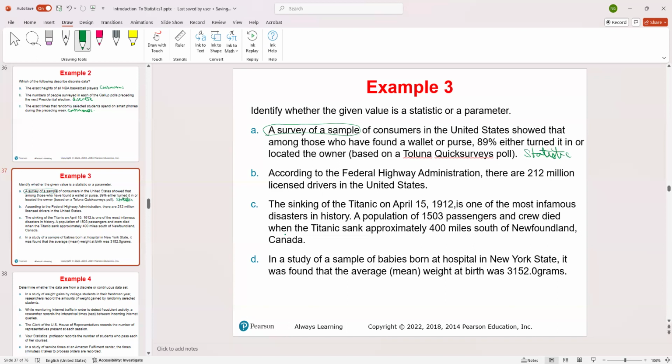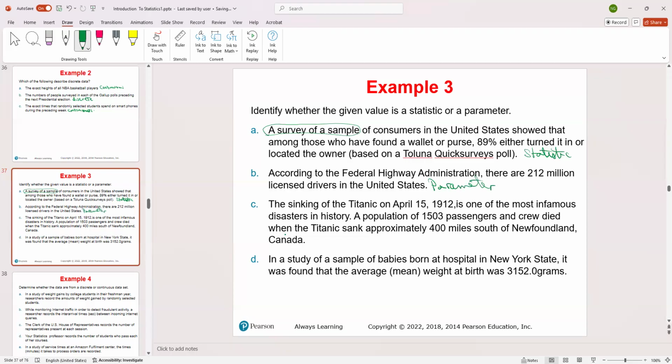According to the Federal Highway Administration, there are 212 million licensed drivers in the United States. Is that a sample, or the whole population? Yes, it's the whole population, so it's a parameter. That's the total of people in the United States that have a driver's license.